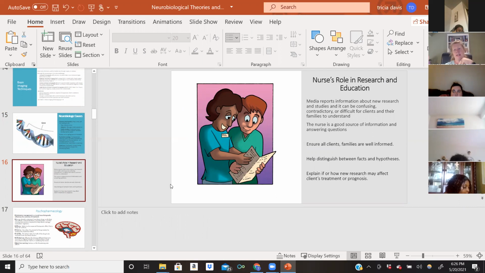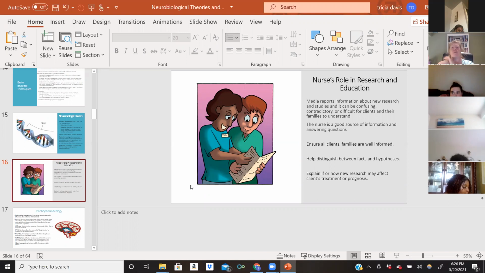It can be confusing, and it can also be difficult for families and patients to understand. We as healthcare providers are always a good source of information, or at least we are expected to be a good source of information. So we need to know where to get good scholarly articles from.